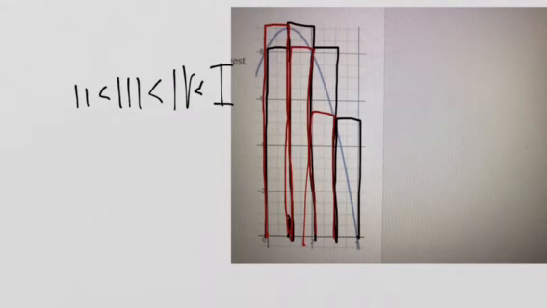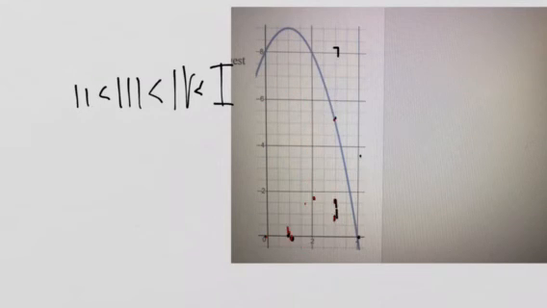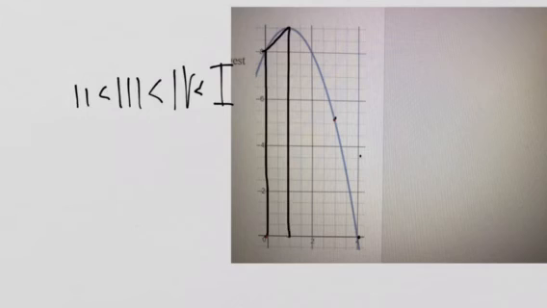Okay, let me justify the trapezoidal underestimation really quick. Okay, so when we draw the trapezoids, here we have the first one. It's going to look like this. Okay, and then the second one is going to look like this.